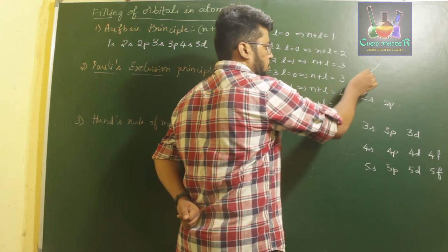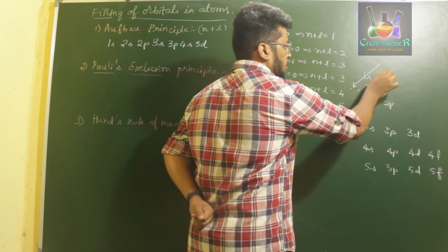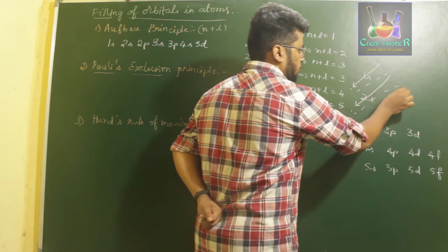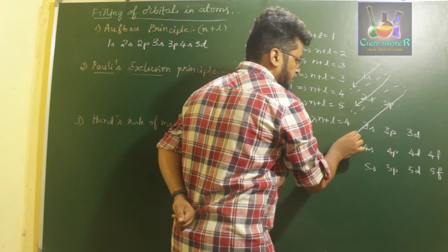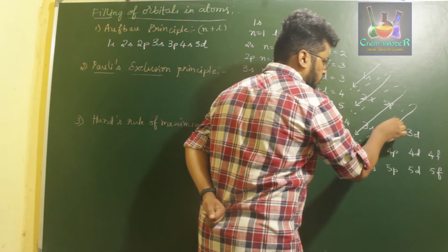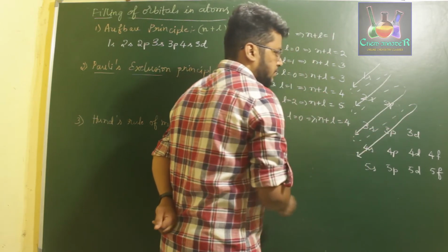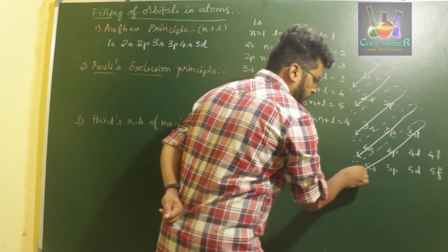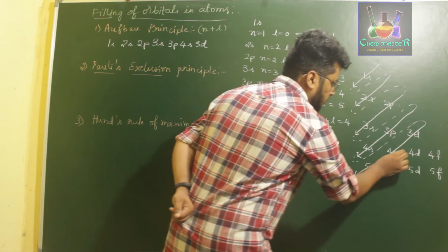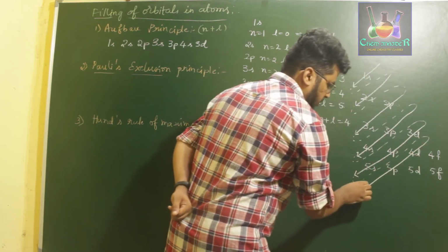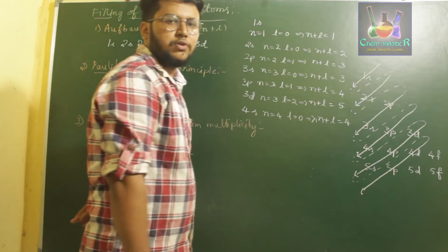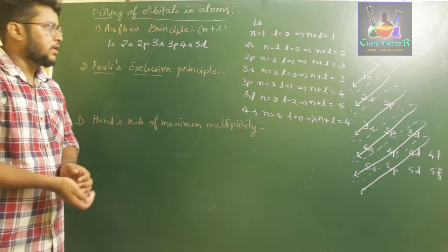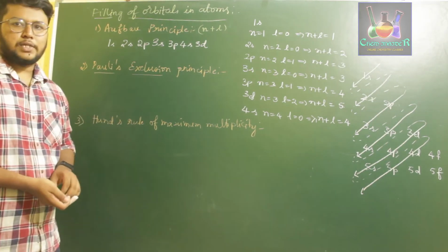Then the first electron should go to 1s, then the second electron should go to 2s, then it should go to 2p and 3s, then it goes to 3p and 4s, and then it goes to 3d, 4p and 5s. Similarly, it goes to 4d, 5p and 6s. So this is how we can fill electrons in increasing order of their energy level. So that is what the Aufbau principle states.